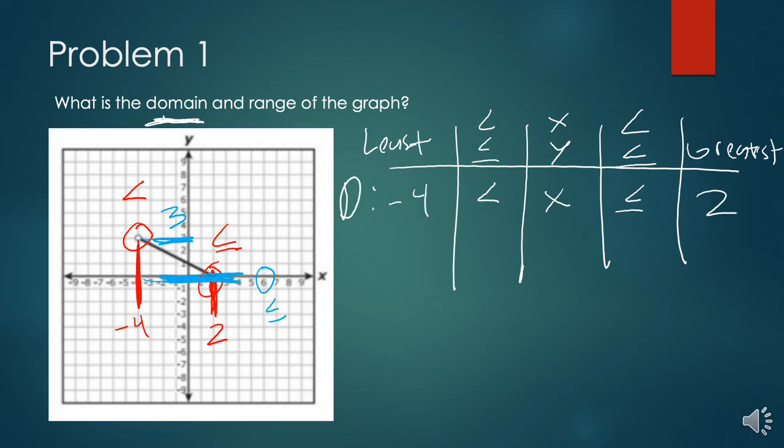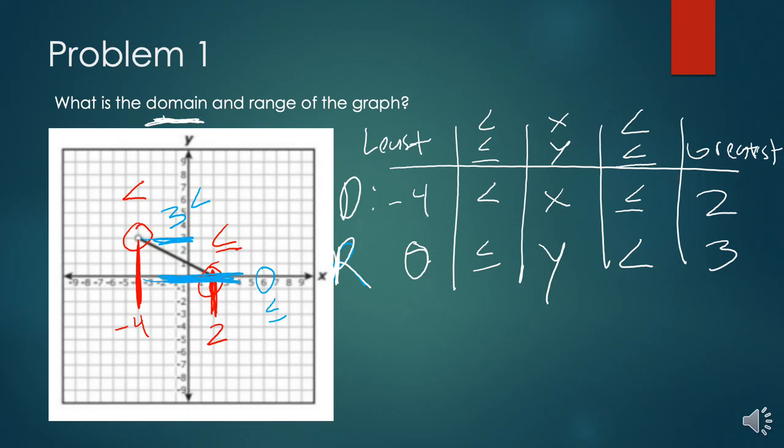I see an open dot here, so it's going to be a regular less than. So now I can write my range as my lowest number is 0 less than or equal to, because that one had the solid dot, y less than 3, my greatest number, or my upper bound.